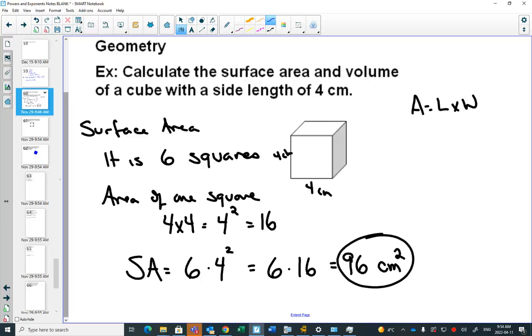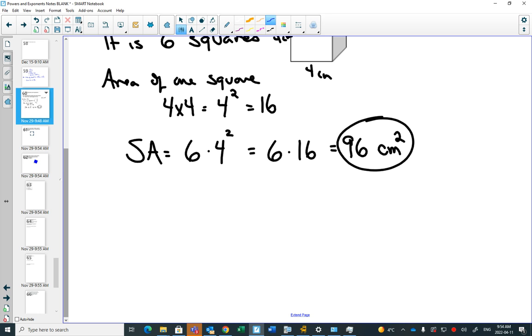Now I'm going to switch colors to do volume. Do you know the formula for the volume of a prism? Length times width times height.